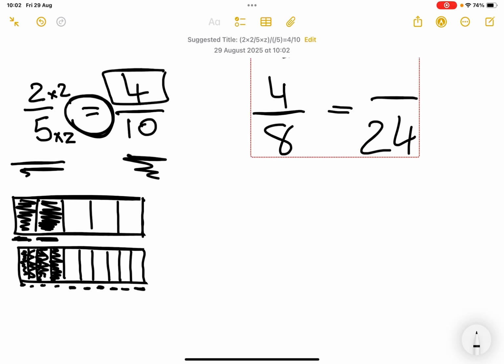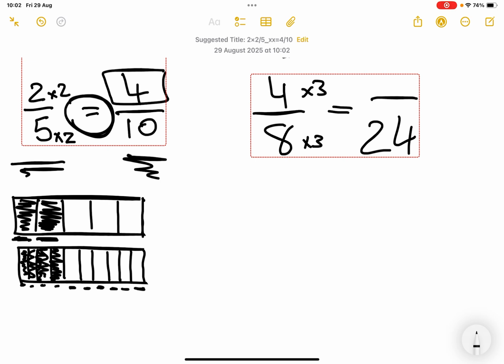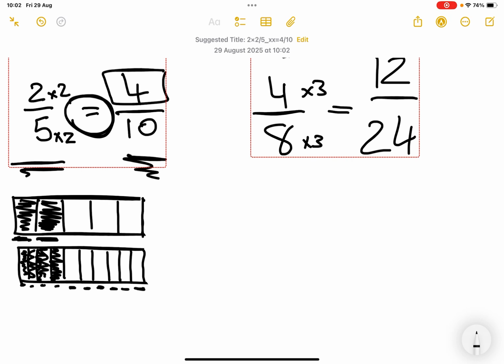So what do I do to the 8 to make it 24? Well, I times it by 3. What I do to the bottom, I do to the top. So 4 times 3 is 12. It makes sense because both of these, if I had to simplify them, would be a half. So there are my equivalent fractions.